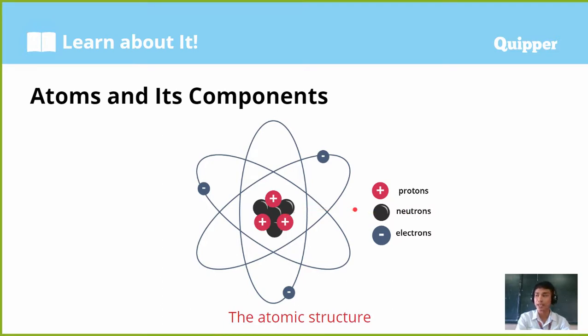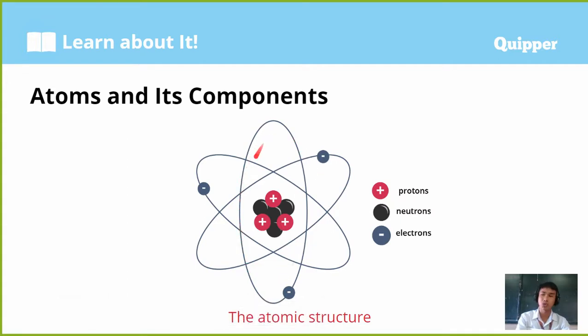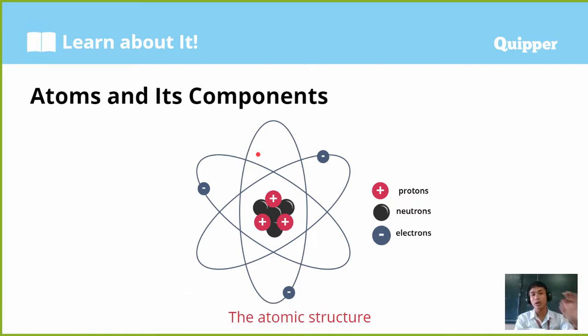Proton and neutron compose the nucleus, or the core of an atom. Outside the nucleus are the electrons. Electrons are in orbital motion, so they orbit around the nucleus. So here we're going to distinguish 3 subatomic particles.